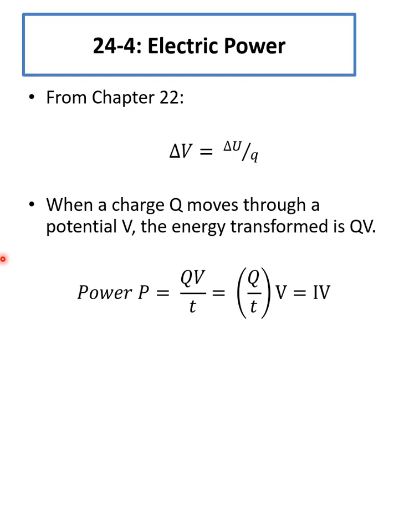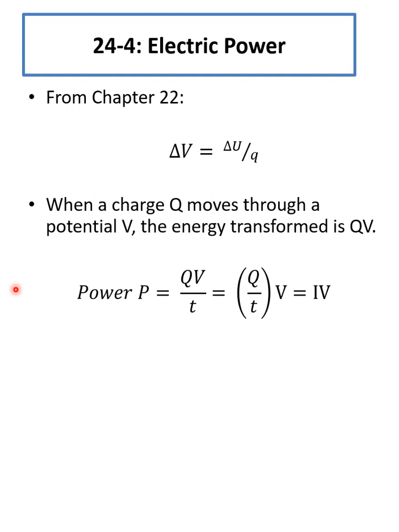So V is also the energy per unit charge going into heating. We have power equals the energy transformed, so QV over T. And let's separate those out, Q over T times V, and that becomes power equals current times voltage.